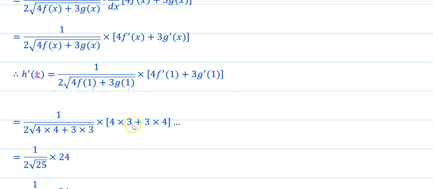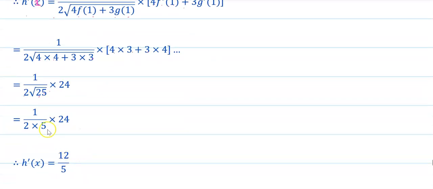And what about this? 4 into 3, 12, and this is also 12. Okay, 12 plus 12, 24. That is 1 upon 2 root of 25 into 24. Then you will get 1 upon 2 into 5 into 24. Then we reduce it to lowest terms: that is 12 upon 5. And hence h dash of 1 is equal to 12 upon 5 in this way.